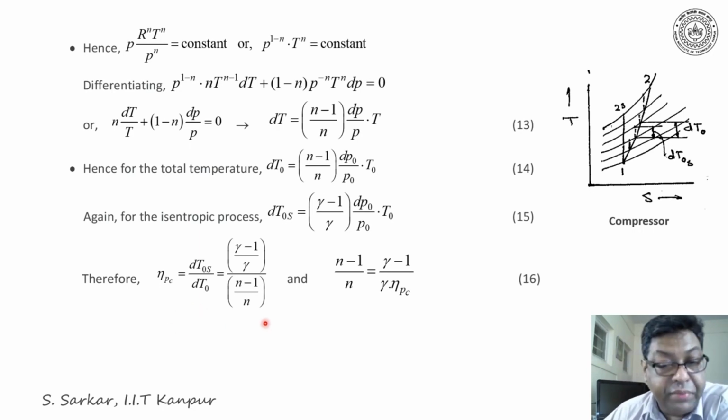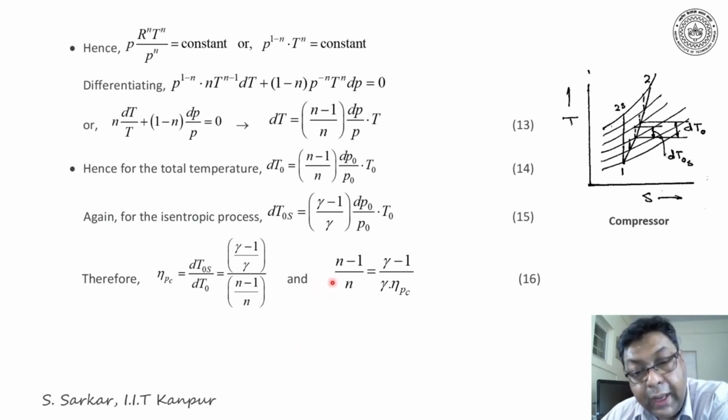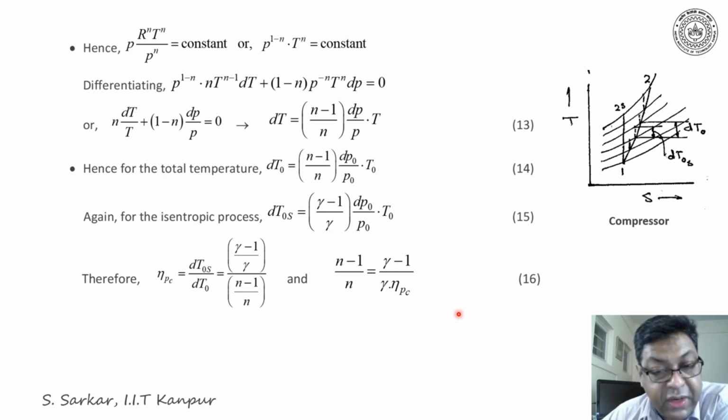Thus, for a compressor, I can write n minus 1 by n is equal to gamma minus 1 by gamma into eta Pc, where eta Pc be the polytropic efficiency of the compressor and n is the polytropic index.